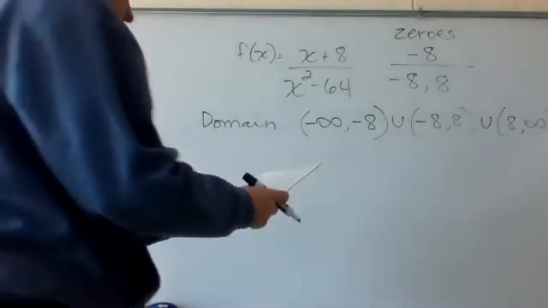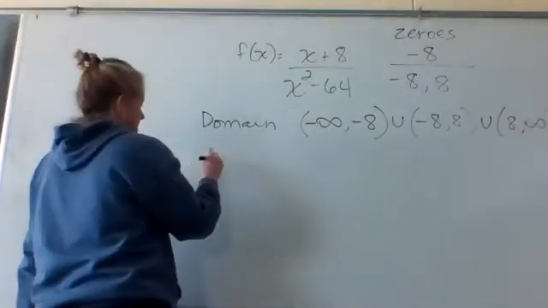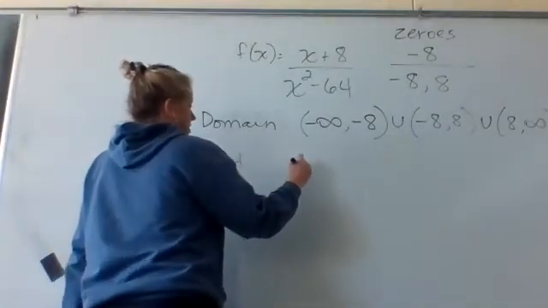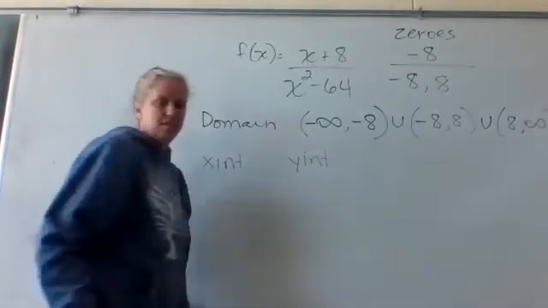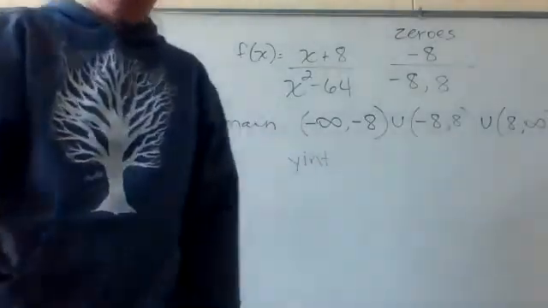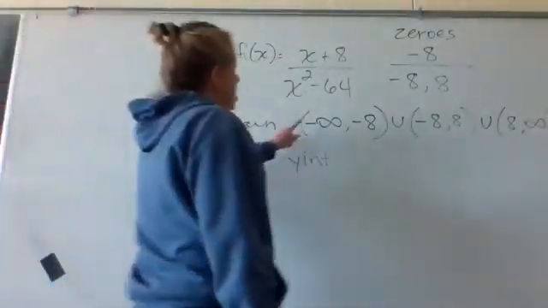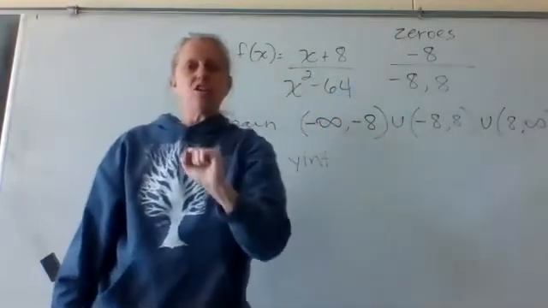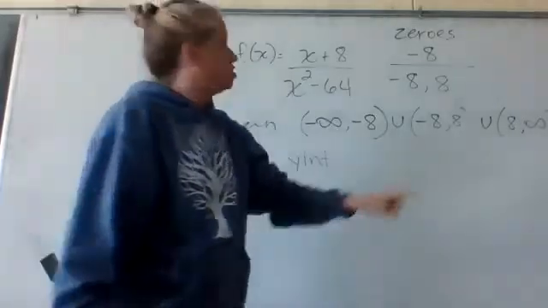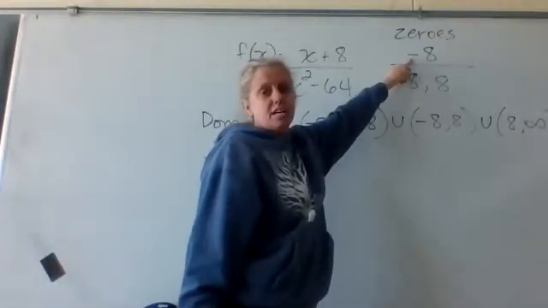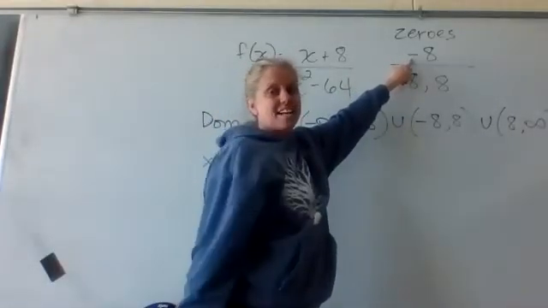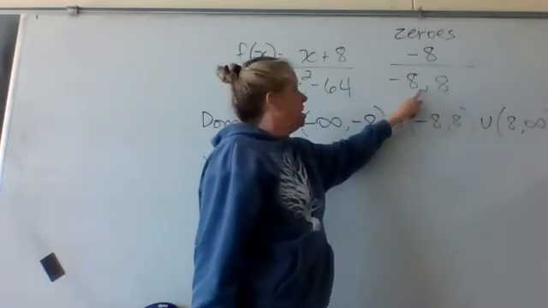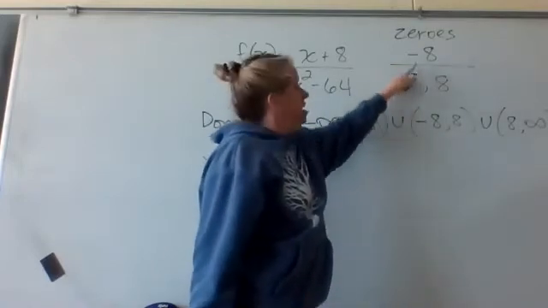The next thing it's going to want is your x-intercept and y-intercept. Again, going to your cheat sheet, the x-intercepts are zeros of the numerator as long as they are not zeros of the denominator. So this would say that it's going to cross through the x-axis at -8, but this says, no, it doesn't, right?